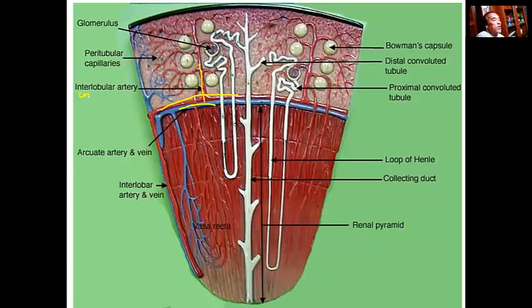Again, this is also your cortical radiate artery, which then becomes an afferent arteriole, then goes inside the Bowman's capsule to become the glomerulus, and will exit out as your efferent. And then remember the loop of Henle and the blood vessels associated with it, the vasa recta. They're the ones that wrap around the loop of Henle.